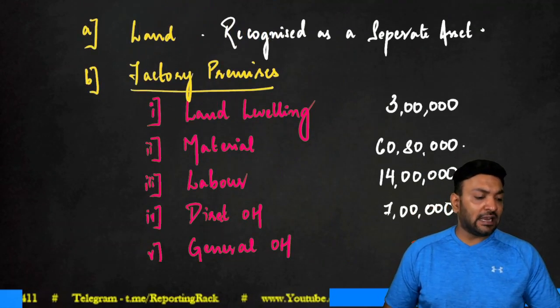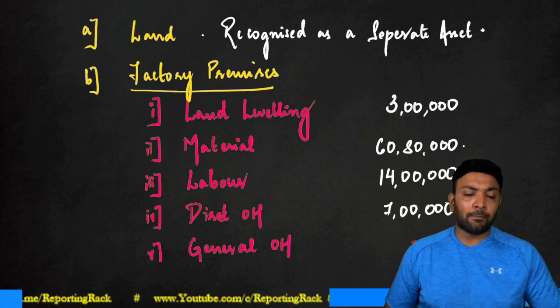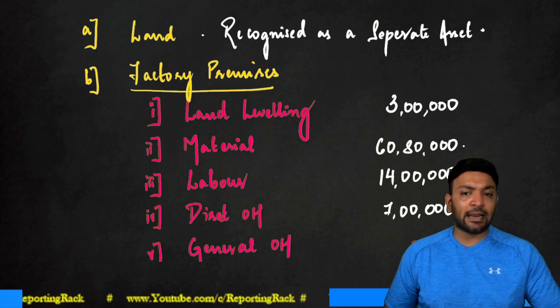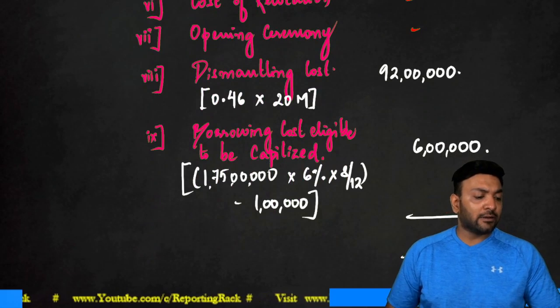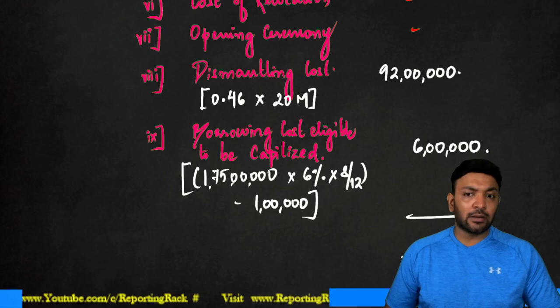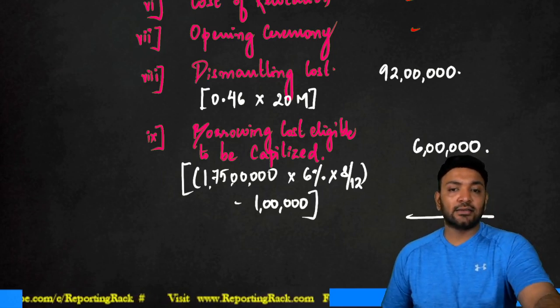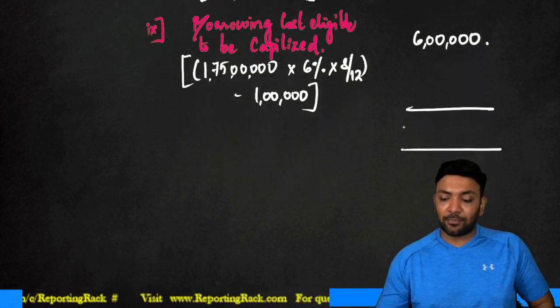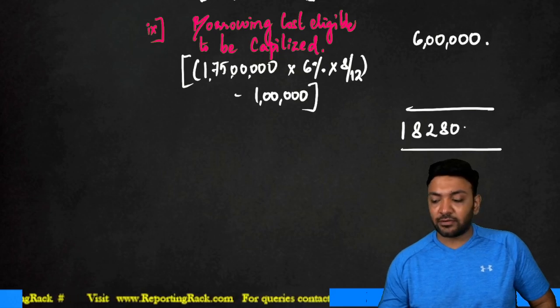Land leveling of 3 lakhs plus 60 lakh 80,000 towards material plus 14 lakhs towards labor plus 7 lakhs towards direct production overheads attributable to the cost of construction plus 92 lakhs towards dismantling cost plus 6 lakhs towards borrowing cost. The total that is supposed to be capitalized is 1 crore 82 lakh 80,000.